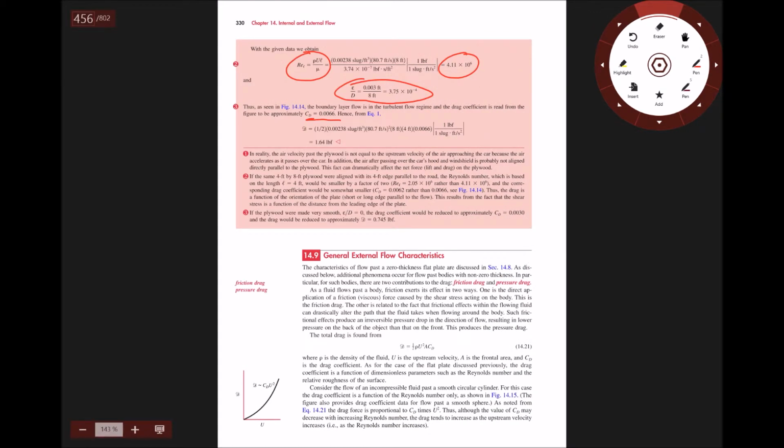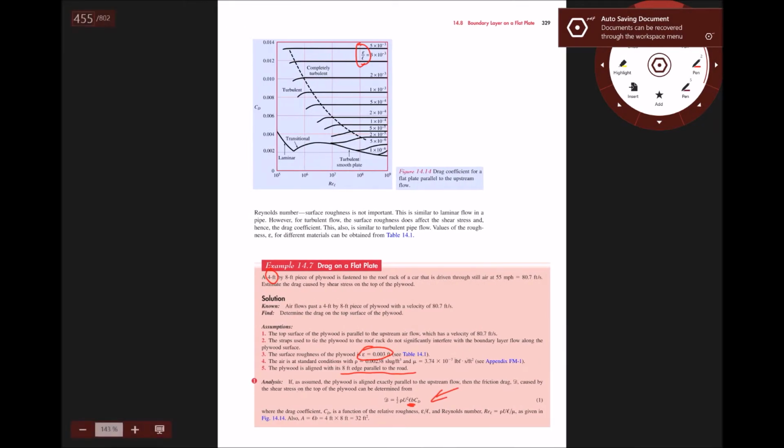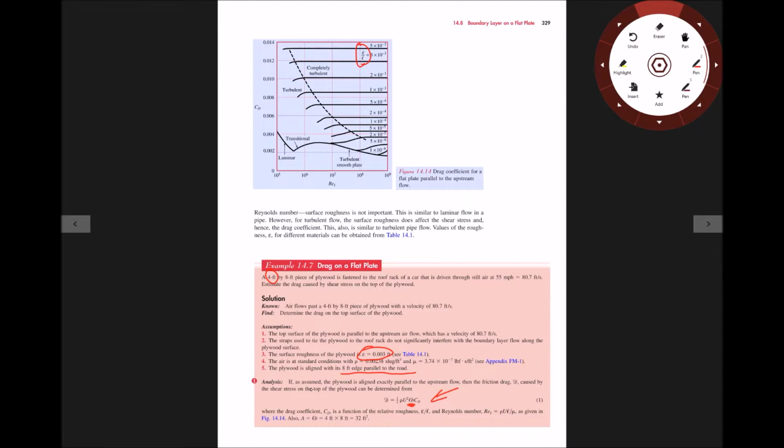Alright, so what we have is our Reynolds number, 4.11 times 10 to the 6, and 3.75 times 10 to the minus 4 is epsilon over L. That is going to be a number between this and that, so this 2 and this 5.